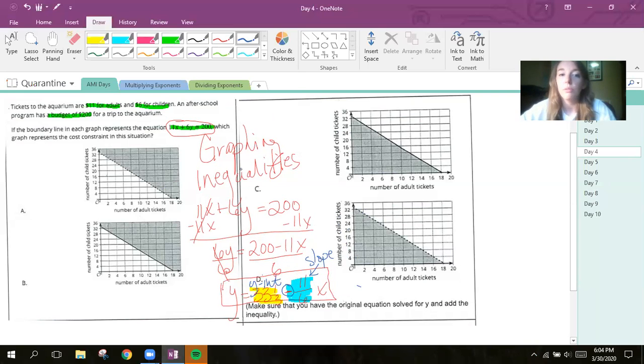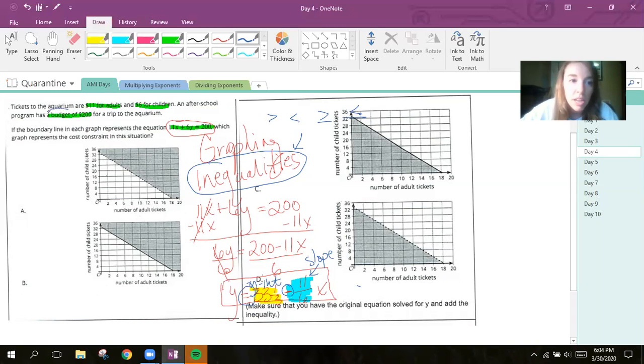Now, going back to what we talked about at the beginning, it said we're going to be graphing inequalities. Now remember, an inequality is that greater than, less than, greater than or equal to, less than or equal to, those signs. Well, this just has an equal sign in it. Now we have to go back to what the question says.